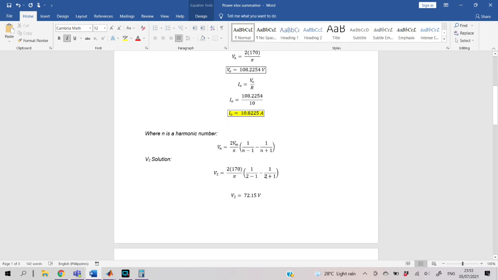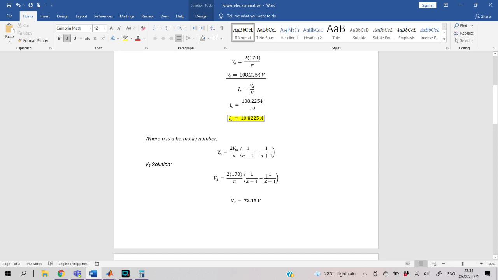Next, we are going to determine the root mean squared or RMS value, also known as the effective value, of the current. First, let n be a harmonic number. We should determine the voltage in its harmonics.